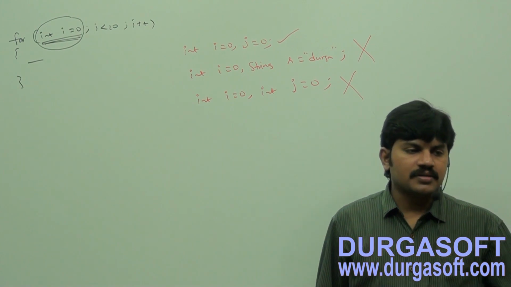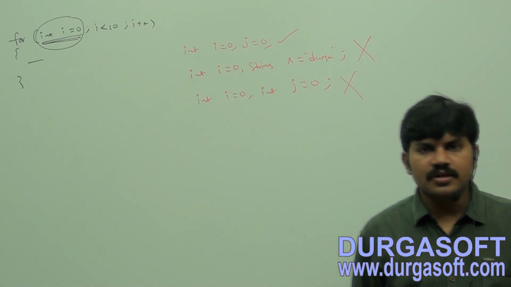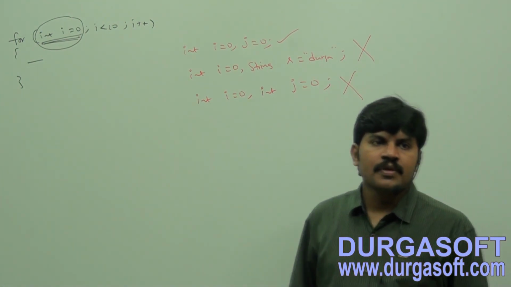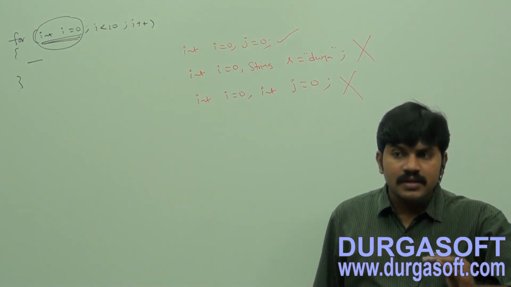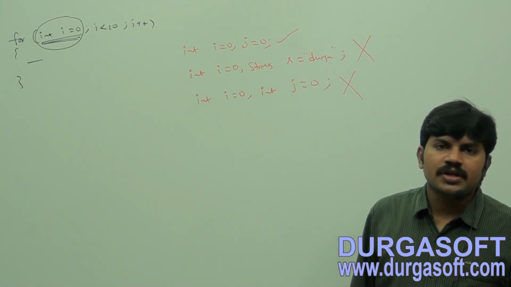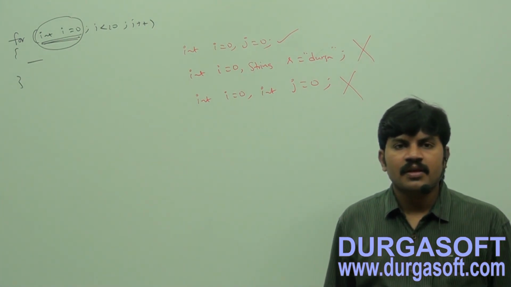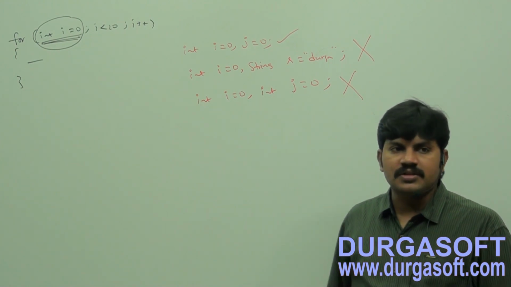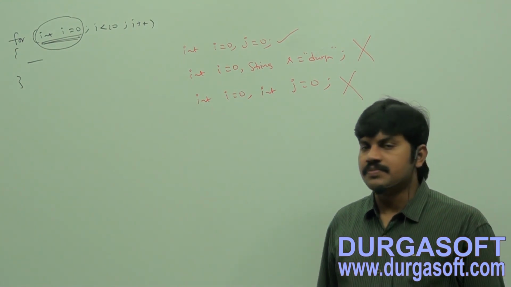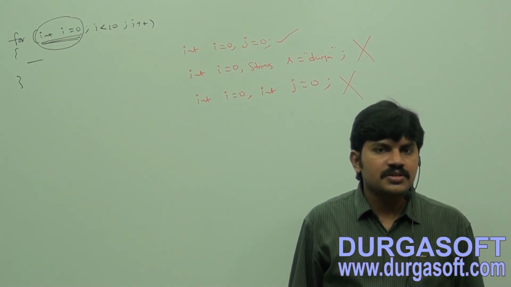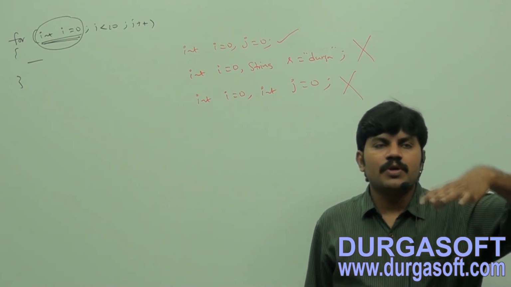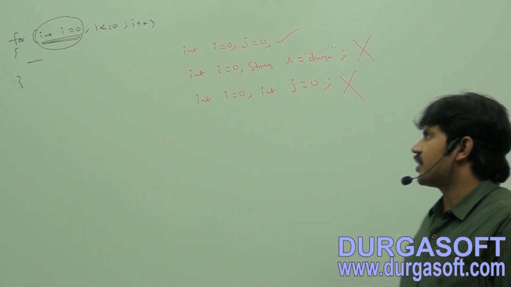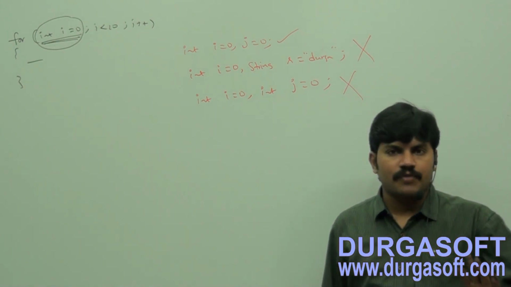Next, the second point: here we can declare and initialize local variables of the for loop.